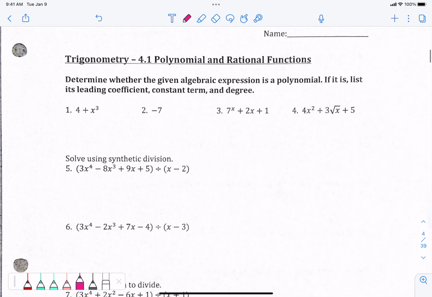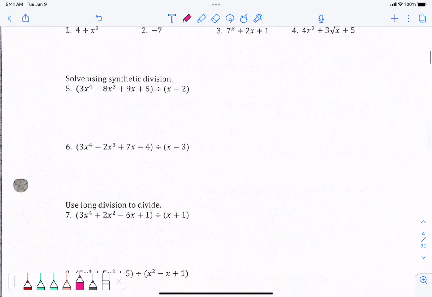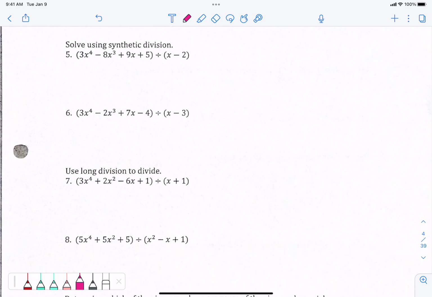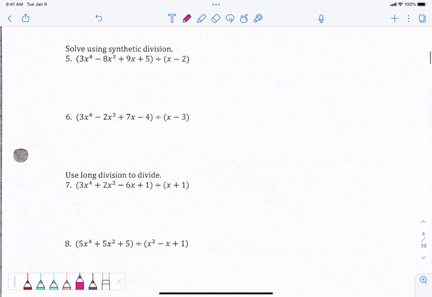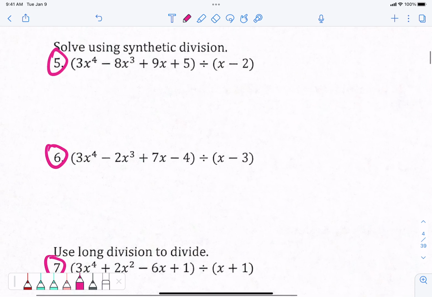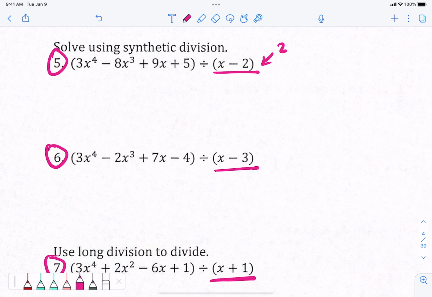If you are confused, at least on 5, 6, and 7, check it. On 5, 6, and 7, you are dividing by x minus 2, x minus 3, and x plus 1. If you want to check your answer, plug in positive 2, positive 3, and negative 1, and you should end up getting a number that reflects the remainder you got when you divided.